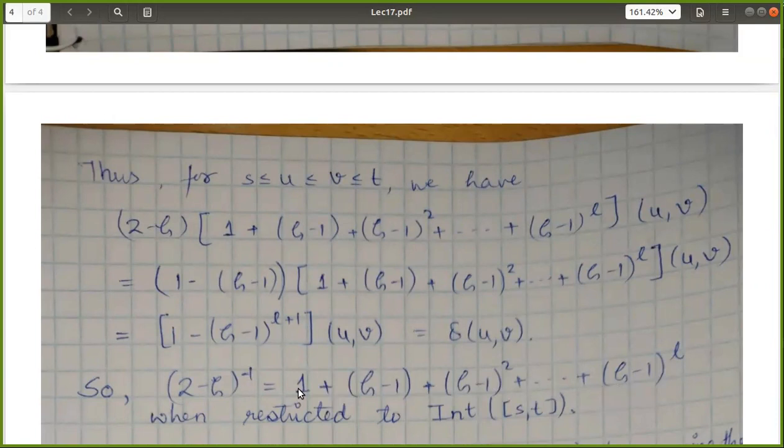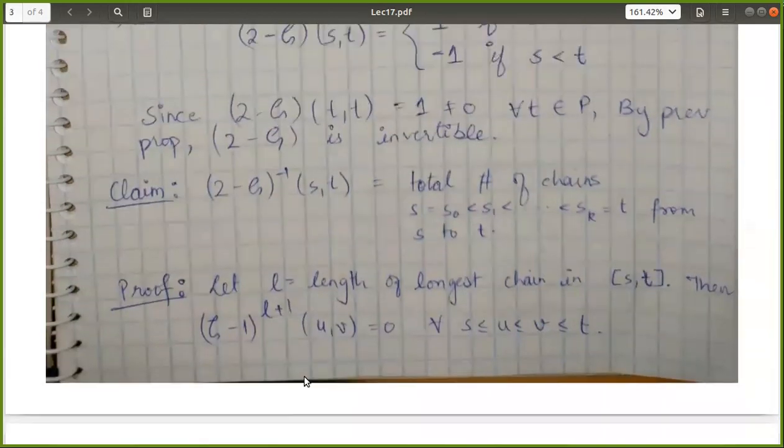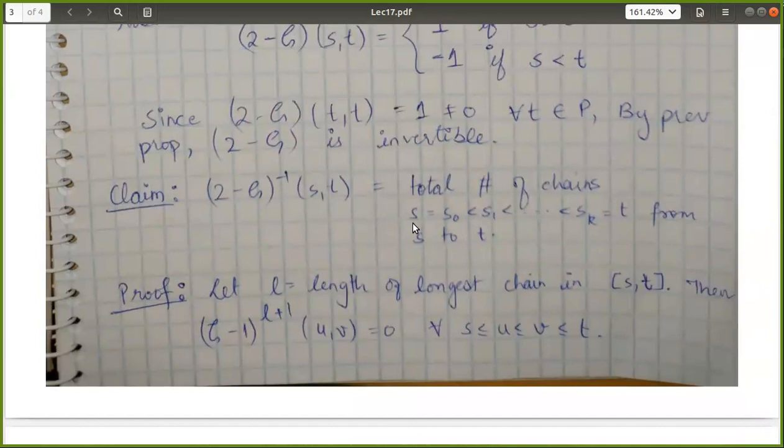So when you write 2 minus zeta inverse applied to st, you're automatically counting the number of chains of different lengths. So in short, you're counting the total number of chains from s to t. And that is what we claimed here, total number of chains from s to t.